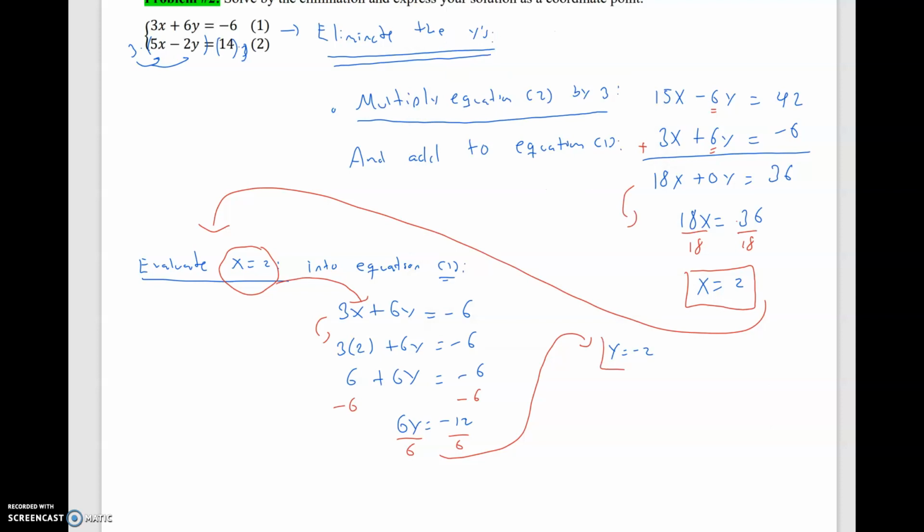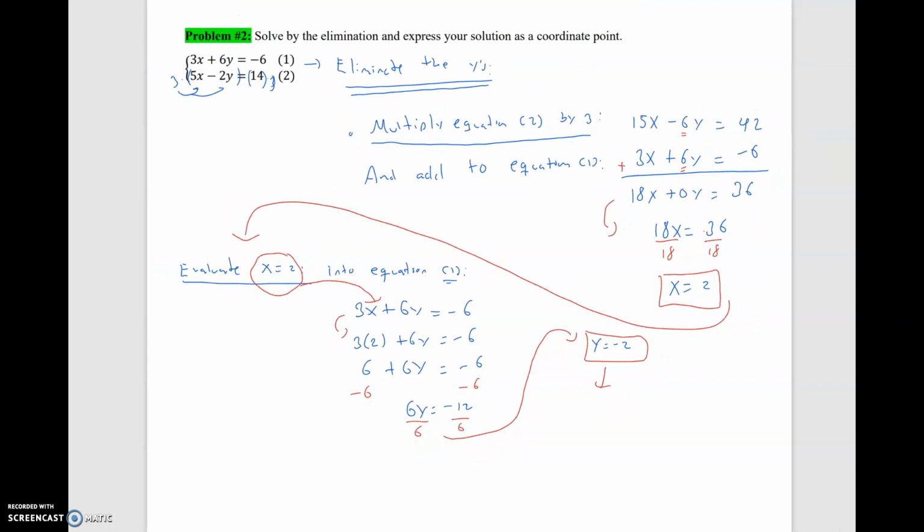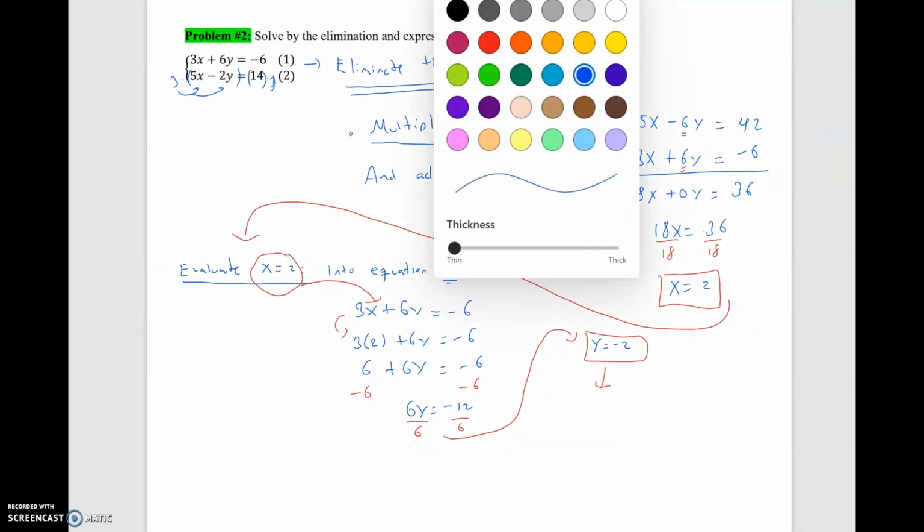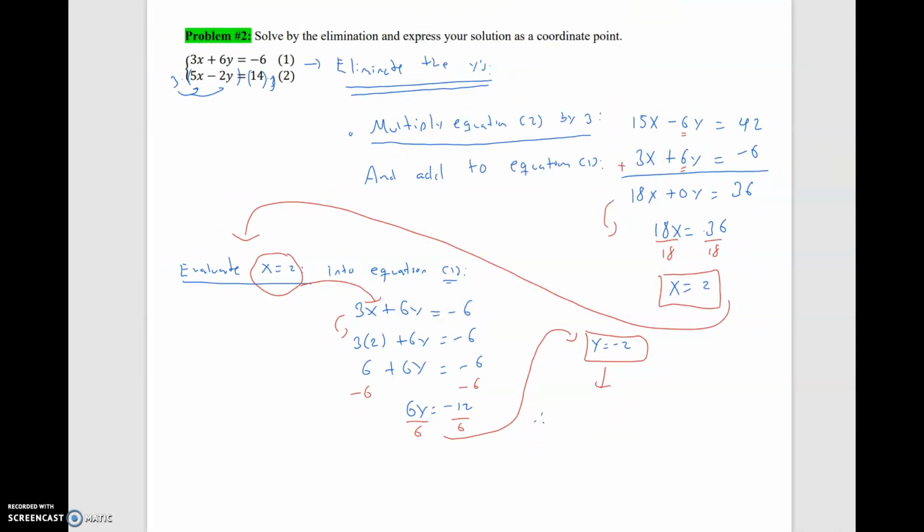And that's actually it. At this point, we can say that the solution, as an x and a y, is 2 comma negative 2.